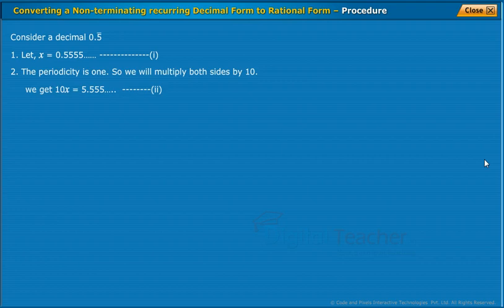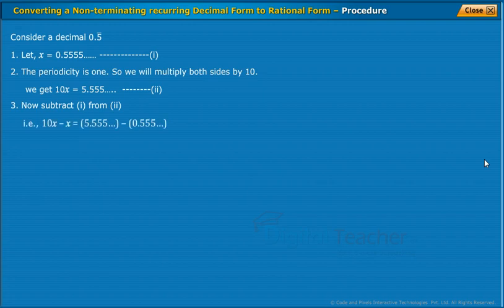Let us represent it as equation 2. Now, subtract 1 from 2. That is 10x minus x, which is equal to 5.555, and so on, minus 0.555, and so on. By further solving, we get x as 5/9. Therefore, 0.5 bar is represented as 5/9.